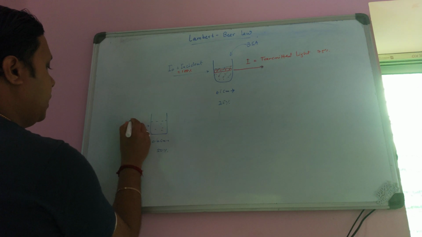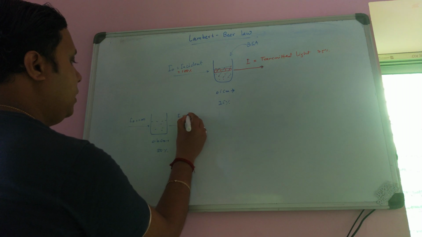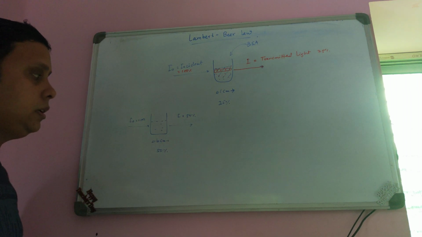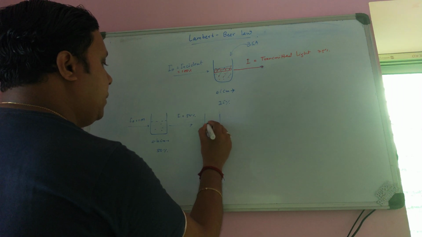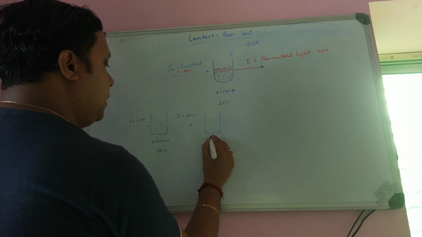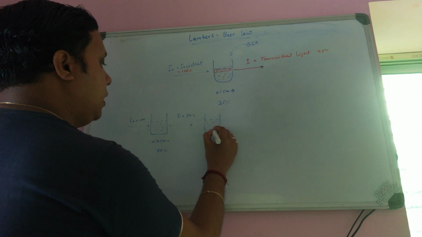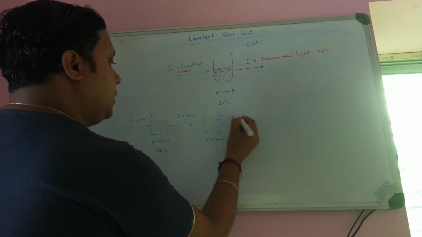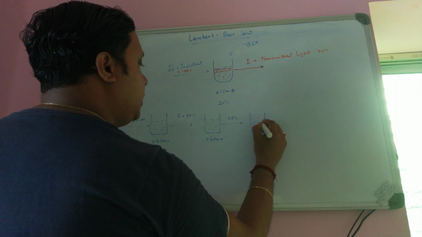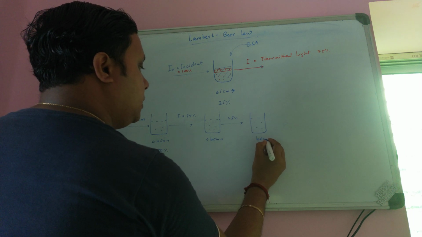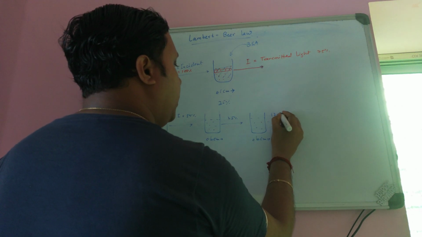In that case, I0 is 100 and I, that is the transmitted light, will be 50%. It's a very simple theory. Now if this light is passed through another container of the same path length, B centimeter, the transmitted light from the second container will definitely be 25%, and so on. If we do this for another cuvette having the same path length, B centimeter, the transmitted light will be 12.5%.